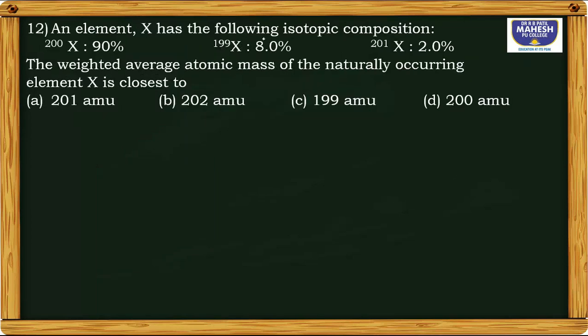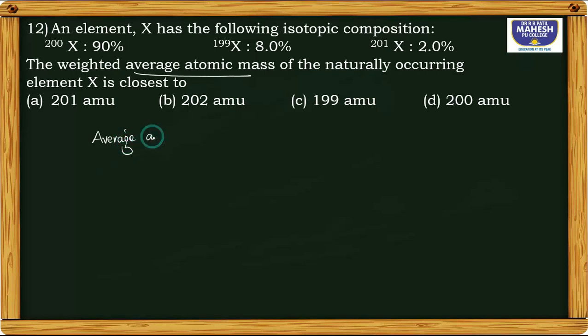An element X has the following isotopic composition: atomic mass 200 has 90%, atomic mass 199 has 8%, atomic mass 201 has 2%. We are asked to calculate the average atomic mass. How to calculate average atomic mass?